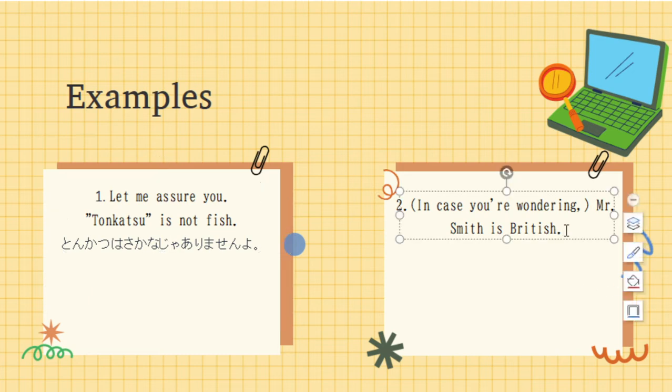Ayan, that is for. Next, we have, in case you're wondering, Mr. Smith is British. Okay, so since our Smith is a foreign name, we will use the katakana. So, Smith is su, mi, su. Yan. Sumisu. Sumisu-san wa. And the British, we will use the katakana again. Igirisu.